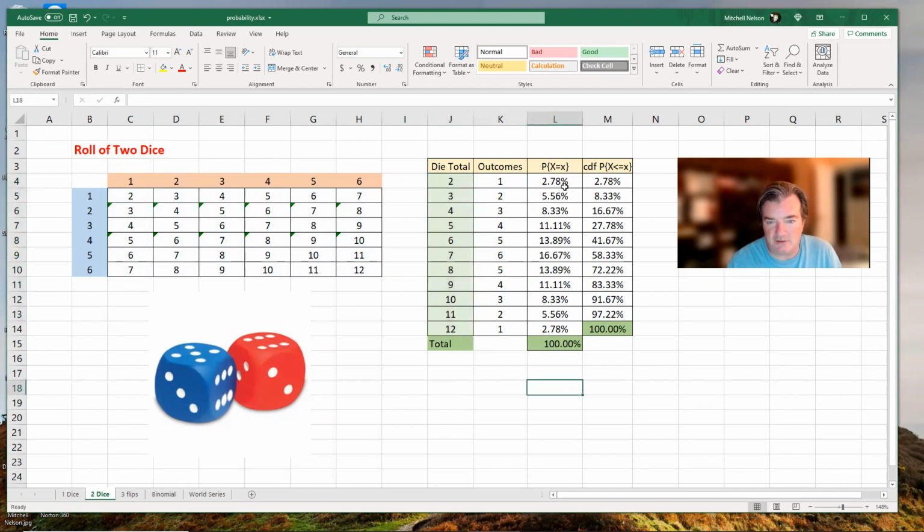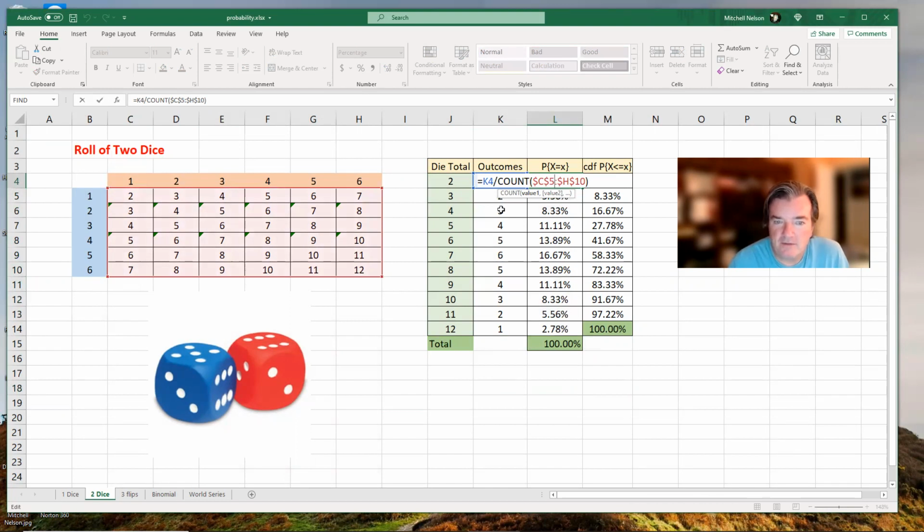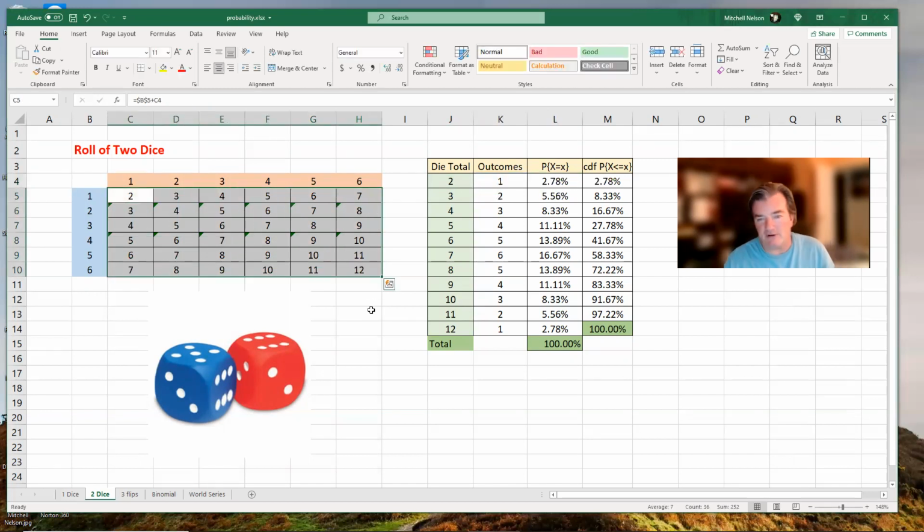Okay, now we could easily do the probability of each of the values. That's very simple. We just say the outcome, how many particular outcomes there are, divided by the count. Count up how many of these boxes have a number in it, have some value in it that's not blank, and that'll come out to be 36.